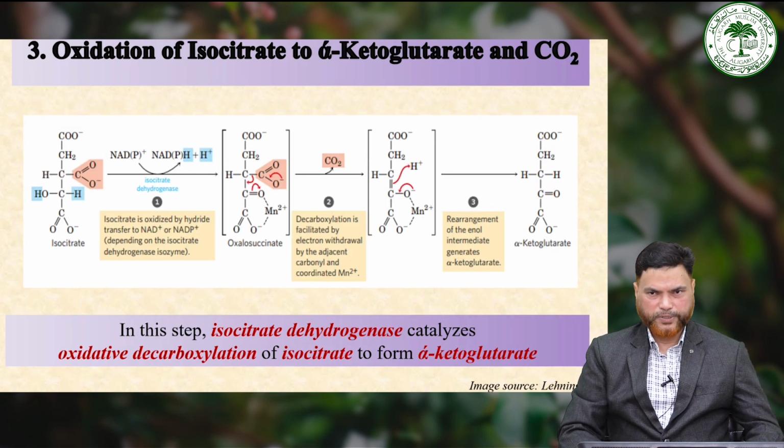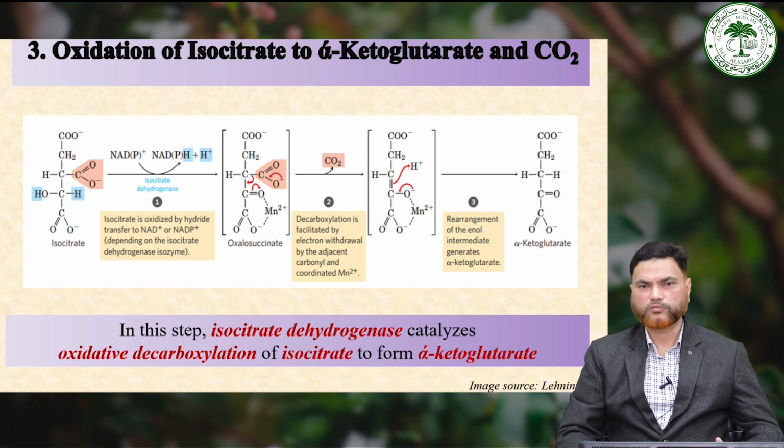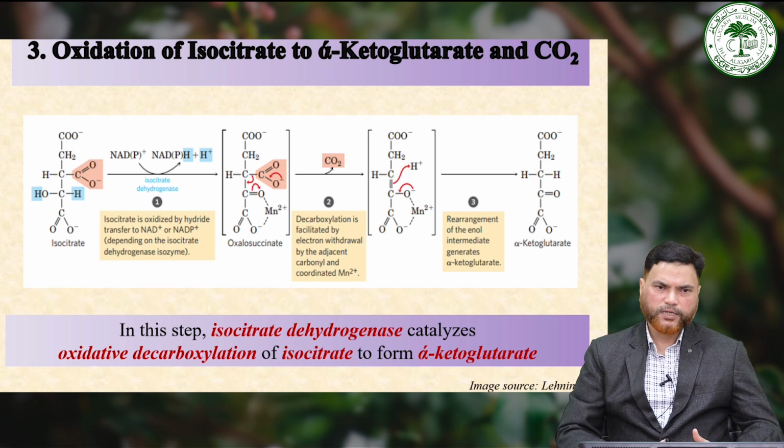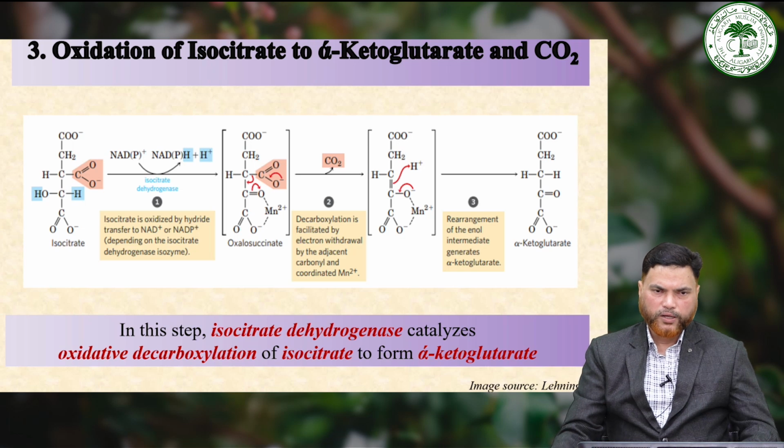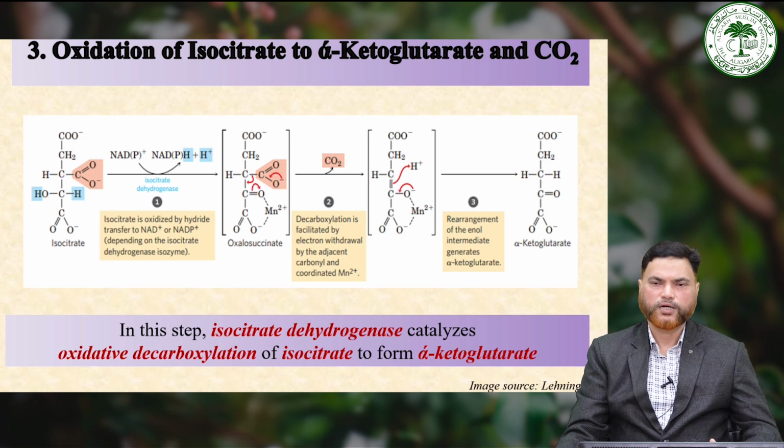Now the next step is the oxidation of isocitrate to alpha ketoglutarate. Isocitrate undergoes oxidative decarboxylation, resulting in the formation of alpha ketoglutarate, and this reaction is accompanied by reduction of NAD to NADH and the release of one carbon as carbon dioxide.